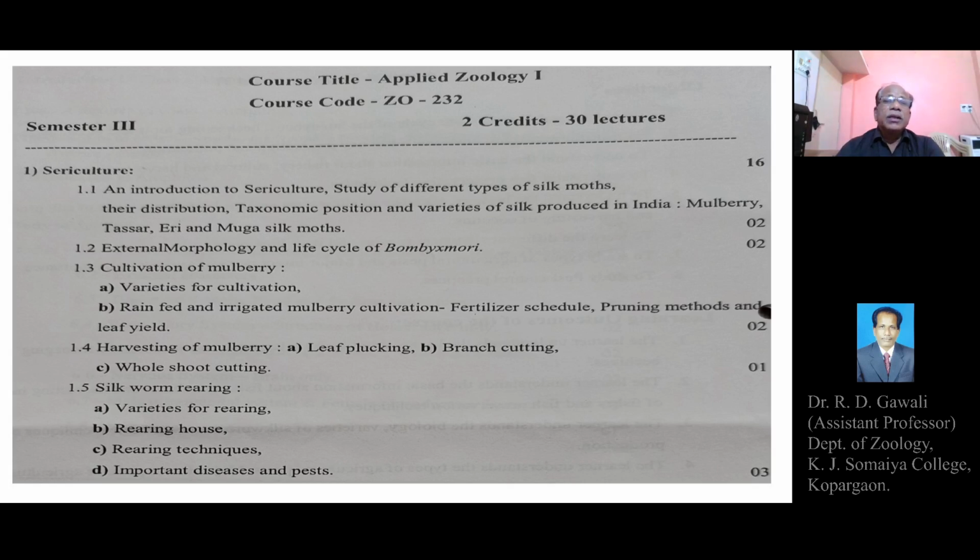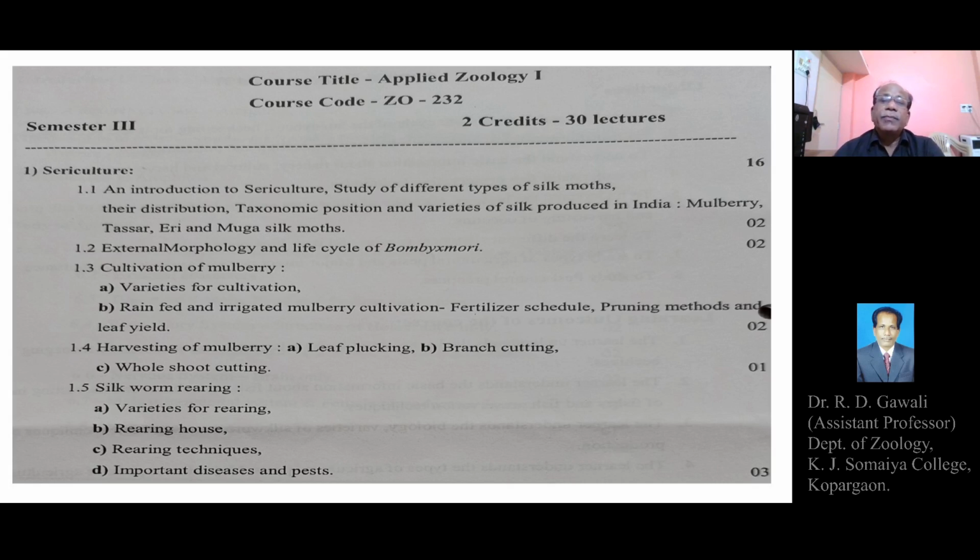So next topic is cultivation of mulberry, that is the food plant, which is essential for the feeding of silkworms or the caterpillars of the Bombyx mori.